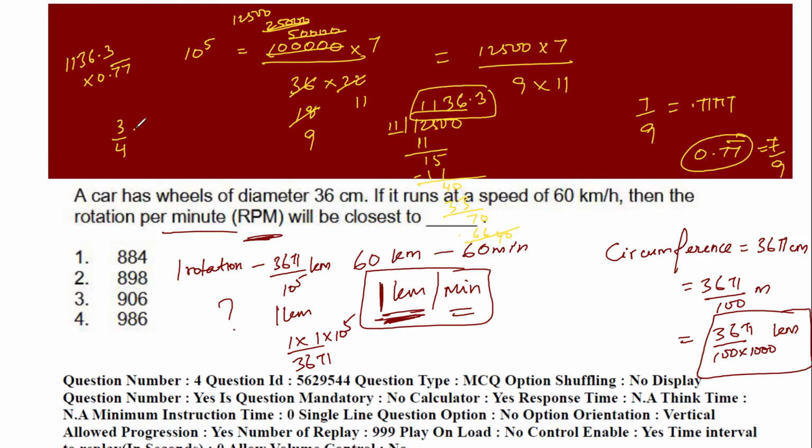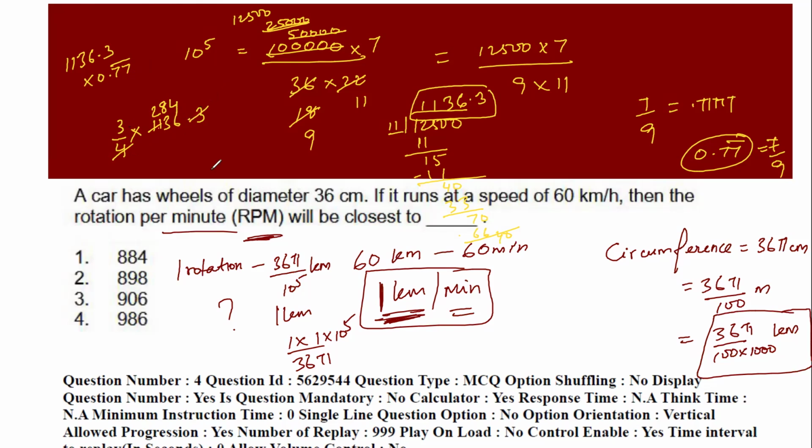We'll take it as 3/4 since it's closer to 75, correct. So we'll take it as 3/4 into 1136.3. So 4 goes into this 2 times, and then 4 eights are 32, and then 4 fours are 16. And we'll ignore the 0.3.